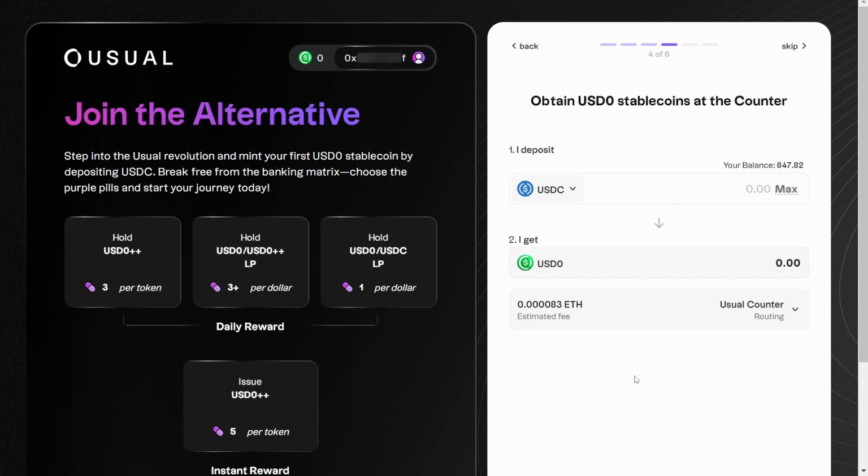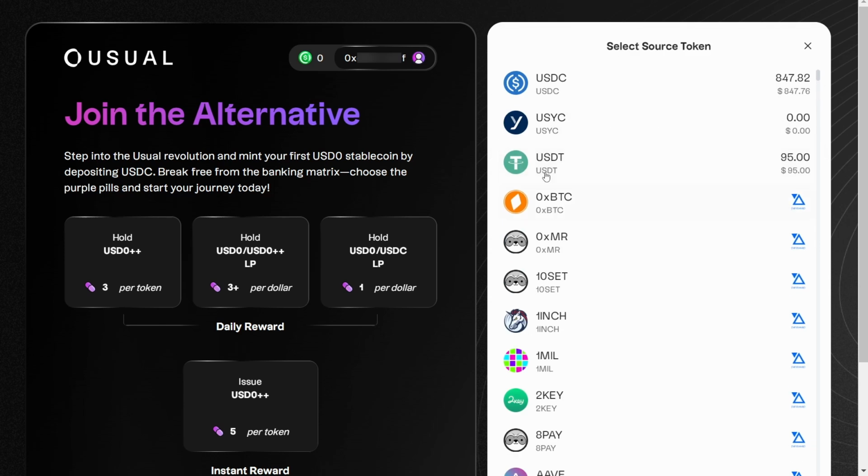The last option is less profitable, but more stable and less risky. Additionally, you will receive 5 pills per token if you decide to get USD0++. You can obtain USD0 by depositing USDC, USDT or USYC on the Ethereum network.